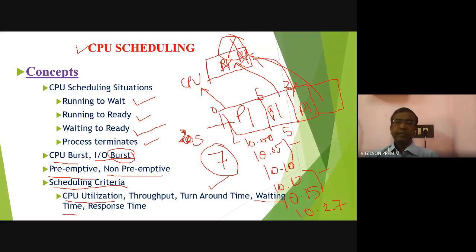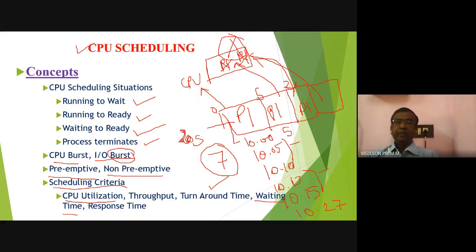What is the burst time? 20 seconds. Then what is the formula for turnaround time? Turnaround time equals CPU burst time plus waiting time: how much time it requires at the CPU and how much time it is waiting. That total time is what we call turnaround time.